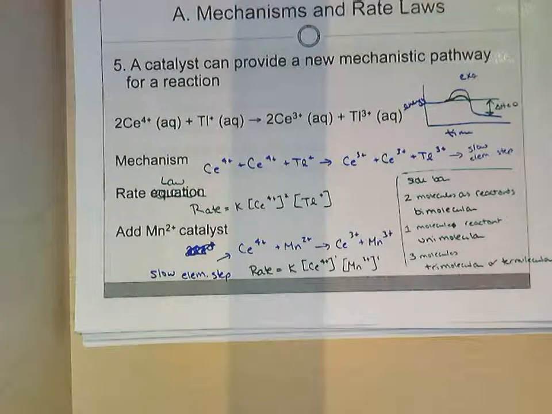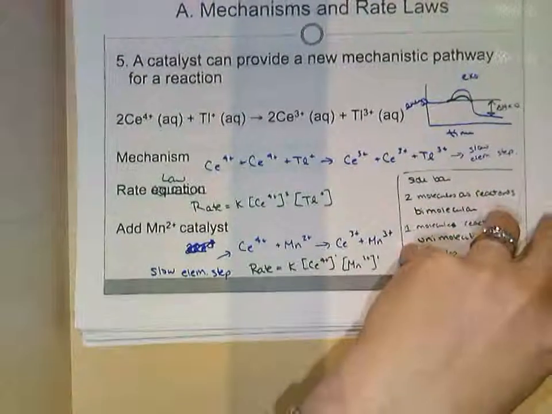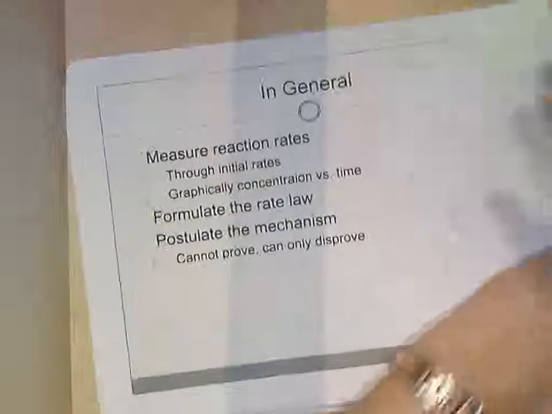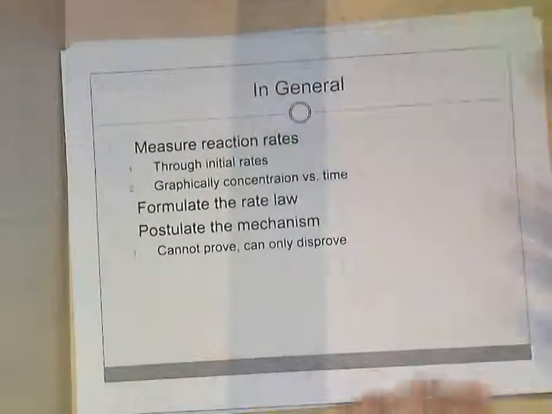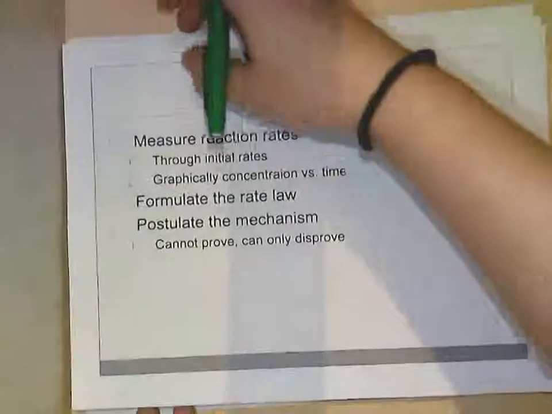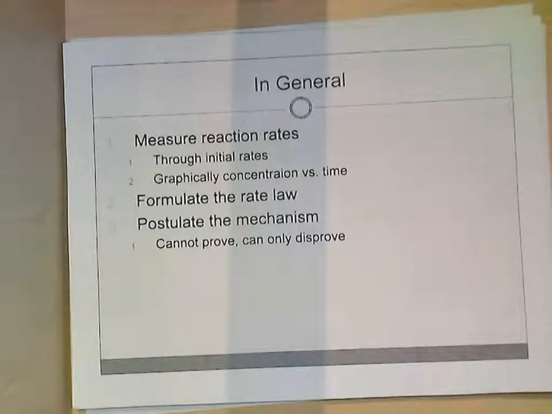All right. Last thing, and then we'll pass back the test. So this is the end of the chapter, what chapter are we in? 14? 13? Whatever this chapter number is. In general, for all reactions, what you're going to do is, like you did in lab this week, you measured a bunch of initial rates.